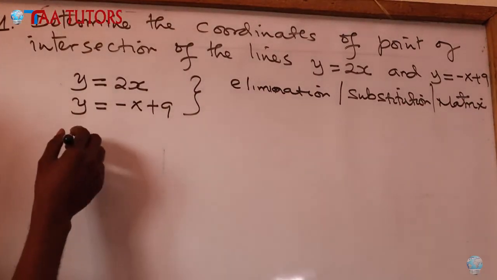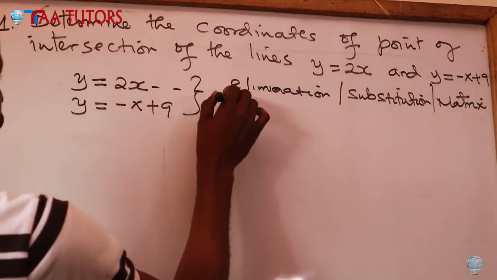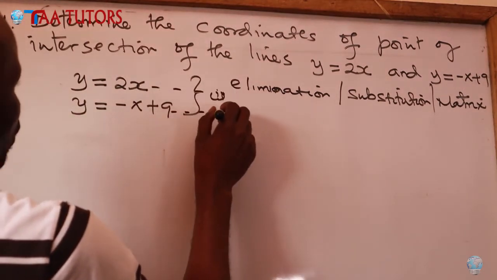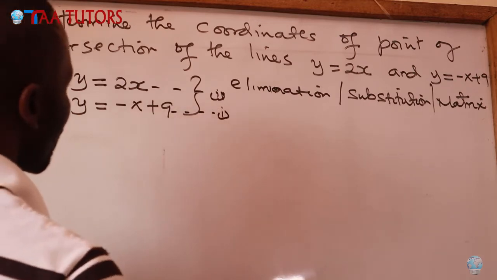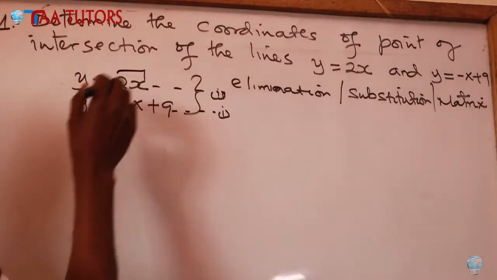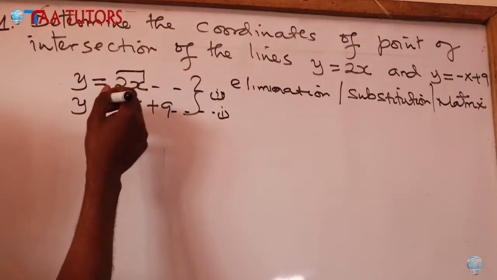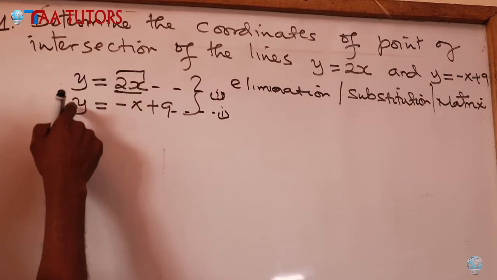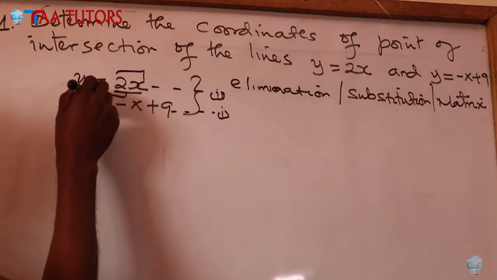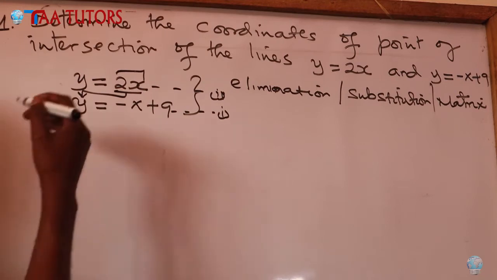Now I have y equals 2x, let's say equation 1, and then y equals negative x plus 9, equation 2. I can use substitution to substitute equation 1 into equation 2, where this 2x equals y, and y is here. So I can simply take this and put it there, so that instead of writing y, I write its equivalent, which is 2x.